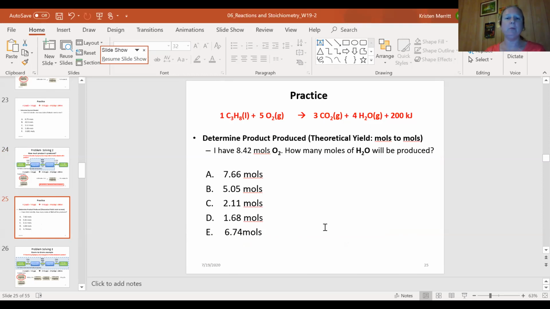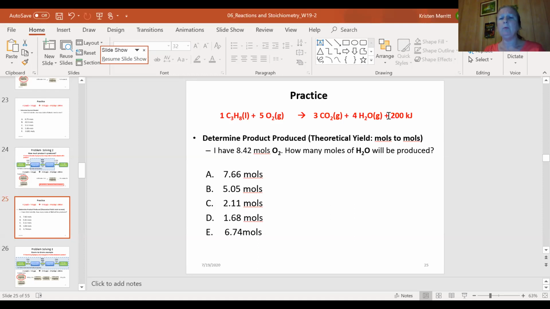Some kind of human error, some kind of real world interference is going to occur. Usually you will have a smaller yield. Sometimes you can have greater, because if you're weighing it, you might have a contaminant that actually makes it way heavier. What you actually produce in real life is called the actual yield. We're going to use that in a bit.